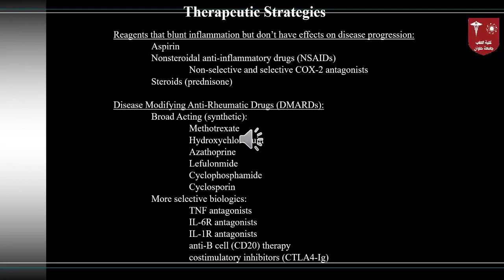The disease-modifying anti-rheumatic drugs are of two types, either synthetic in origin, and the other type is more selective, and it is called biologics. Many developments are issued in these types of treatment, with many drugs.